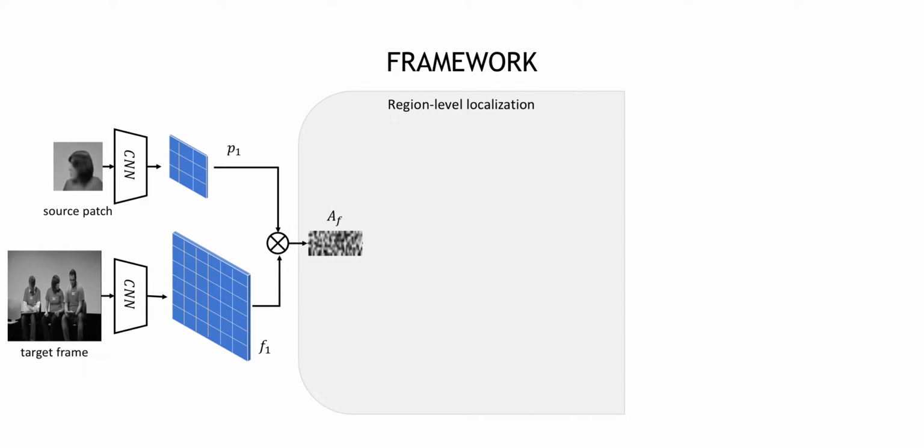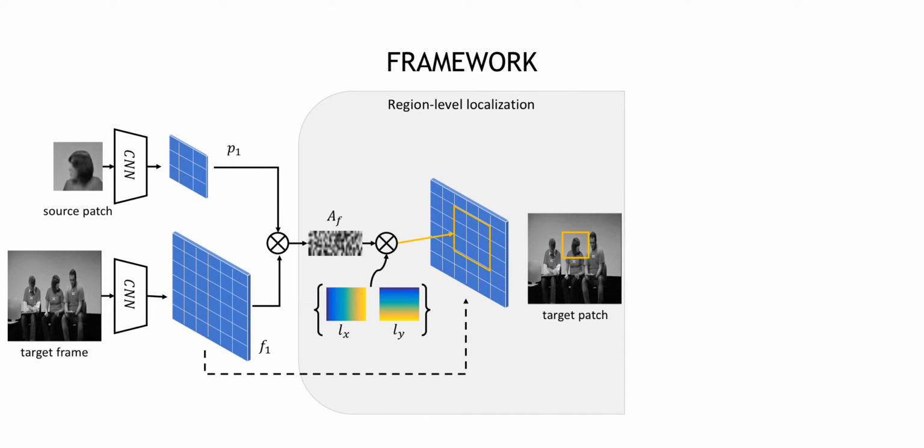By multiplying the affinity matrix with the standard grid coordinate matrix, we are able to localize the source patch in the target frame. As shown in the yellow box, the localized patch shares common content with the source patch, which we can call the target patch. We can move on to the fine-grained stage.